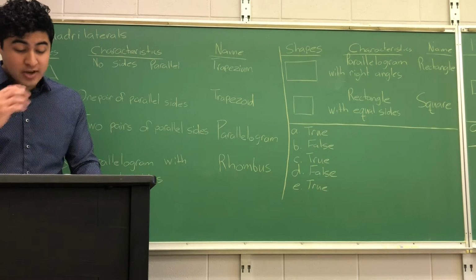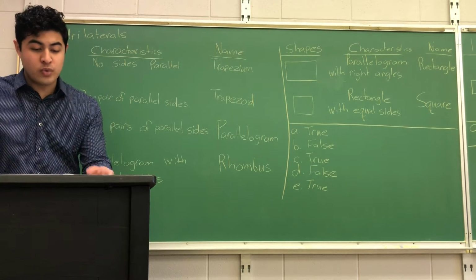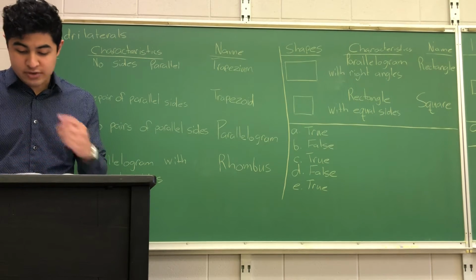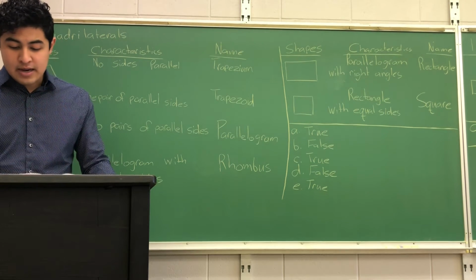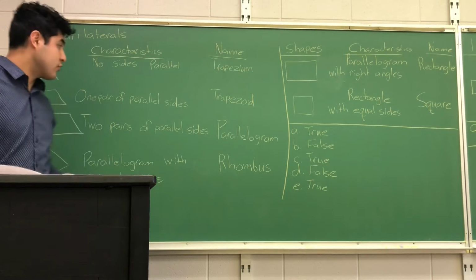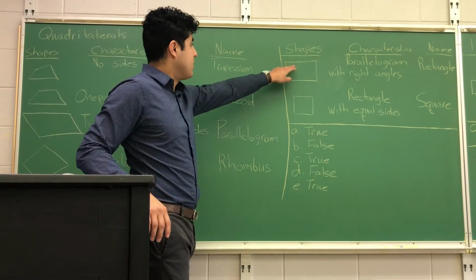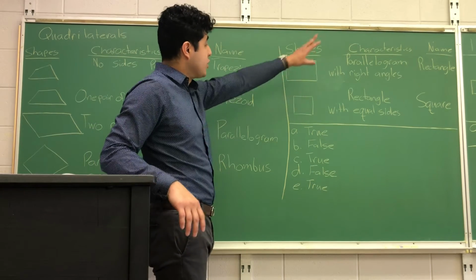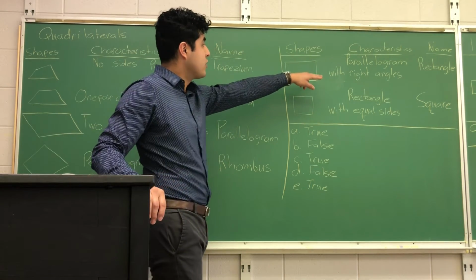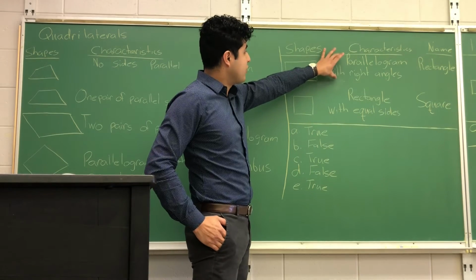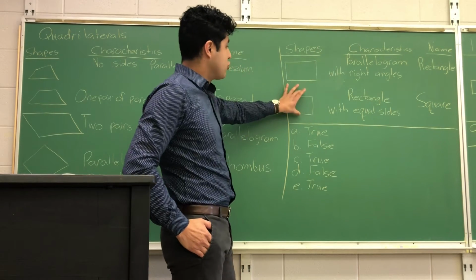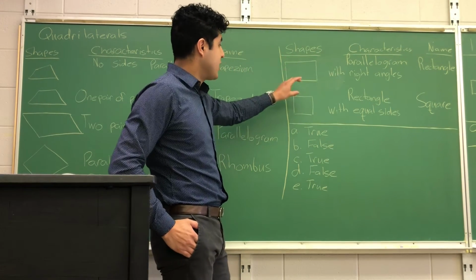Letter E, some rectangles are squares. If we look at a rectangle, it is a parallelogram with right angles, okay? So could we transfer this information, a parallelogram with right angles, to a square? And the answer is yes, we can.